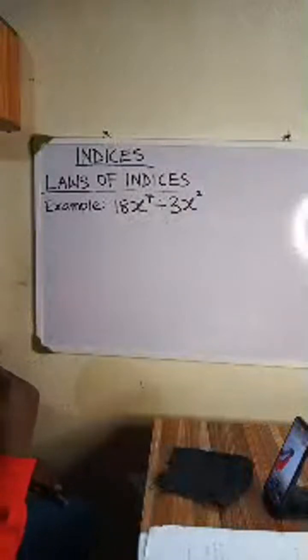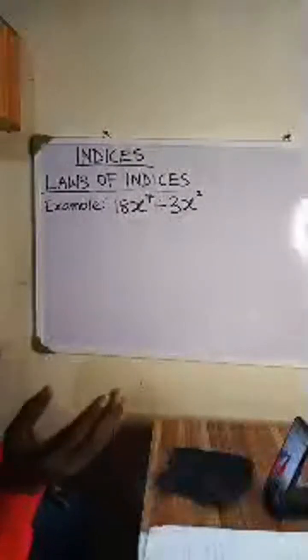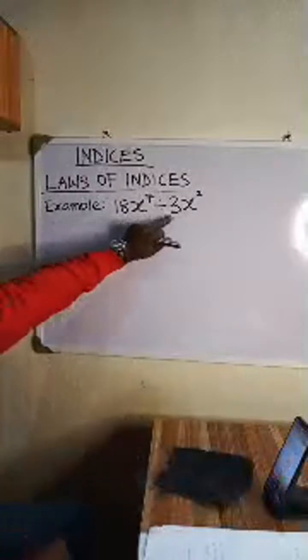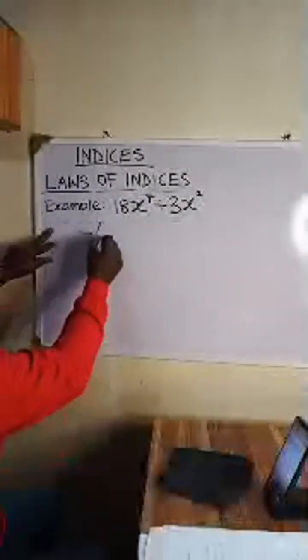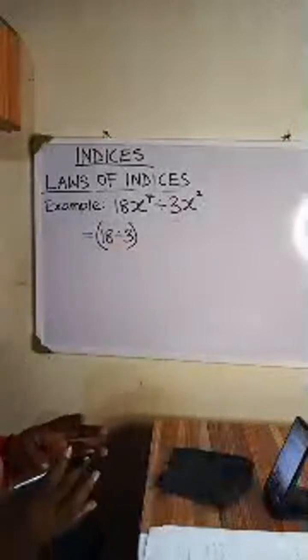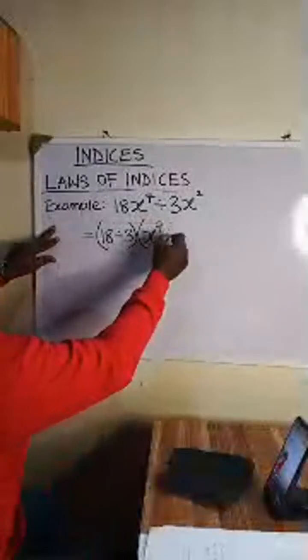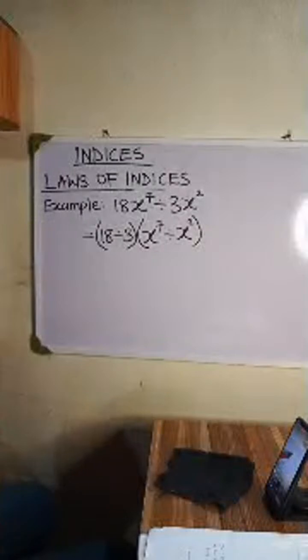The law is the subtraction law. So just as we did in the previous example, you bring the numbers and put them in one bracket to make your work easy. So you have 18 divided by 3. Since they are both numbers, put them in one bracket. Then the variables, put them in another bracket: x to the power of 7 divided by x to the power of 2.